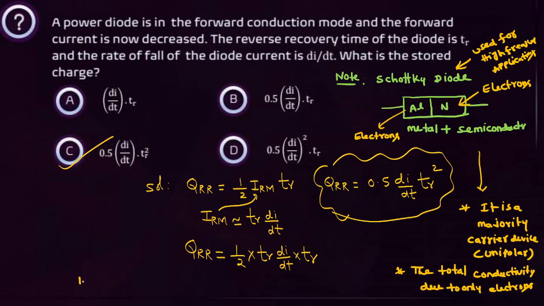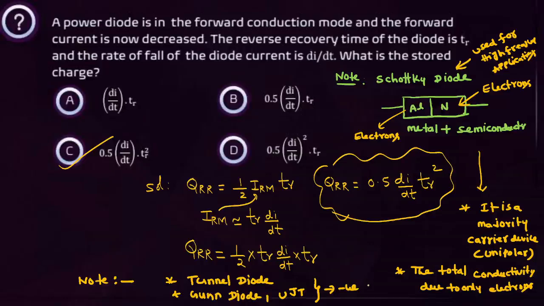This I am giving as a note point: the tunnel diode, the Gunn diode, and the UJT, the unijunction transistor. These have the negative resistance characteristic.